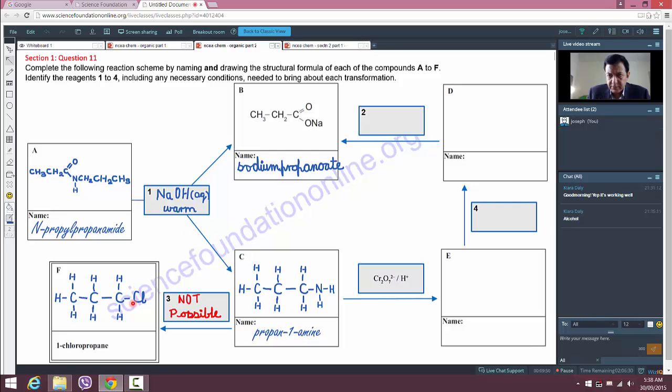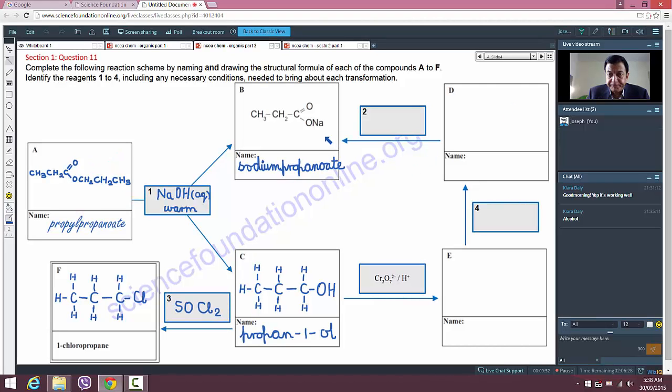But unlike with propan-1-ol, propan-1-amine cannot be converted in one step into 1-chloropropane. So this eliminates the possibility of A being the amide, and therefore it can only be the ester propyl propanoate.